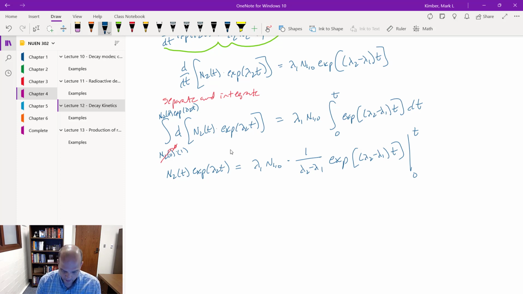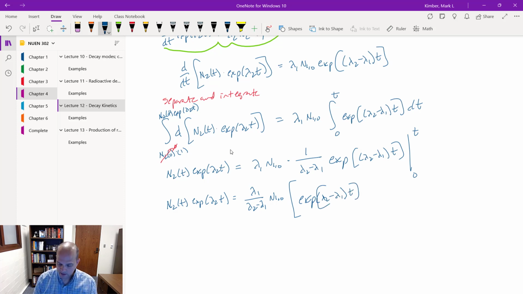And once we do that, we find that we have the exponential of lambda 2 minus lambda 1 t, and then we evaluate it at 0, so we get minus 1. So now we're going to take this and divide both sides, and so we're left with the expression on the left-hand side of just n2 of t.